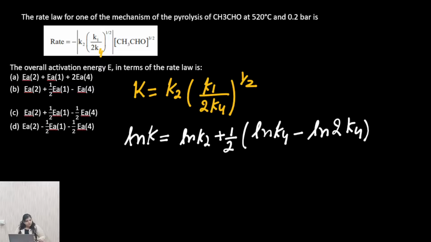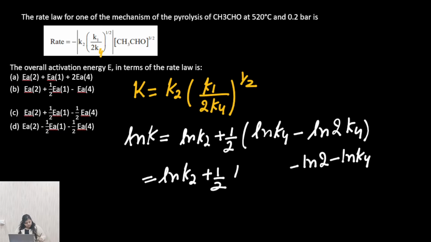This 2 into K4 that is given, we can write as natural log of 2 minus natural log of K4, because natural log of m into n is natural log of m plus natural log of n. Right? This will be natural log of K2 plus half of natural log of K1 minus half of natural log of 2, minus half of natural log of K4. This is equal to the overall natural log of K.